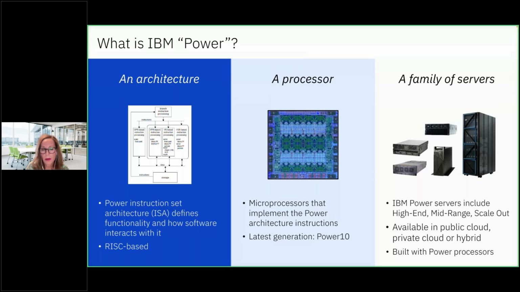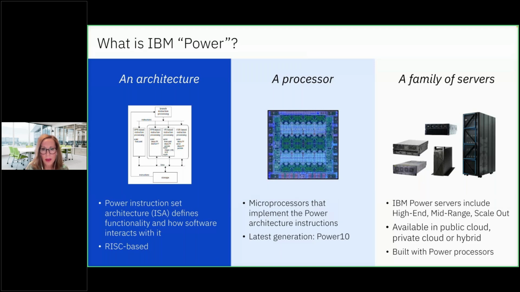The architecture of the processor defines how it functions and how the software interacts with it. That includes data, and there's a treasure trove of data in Power out there today. So we take those processors and we put them in our family of servers.